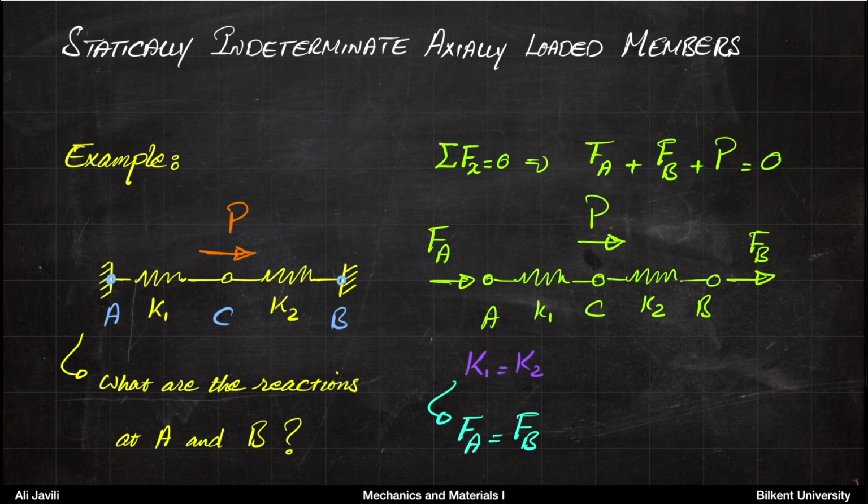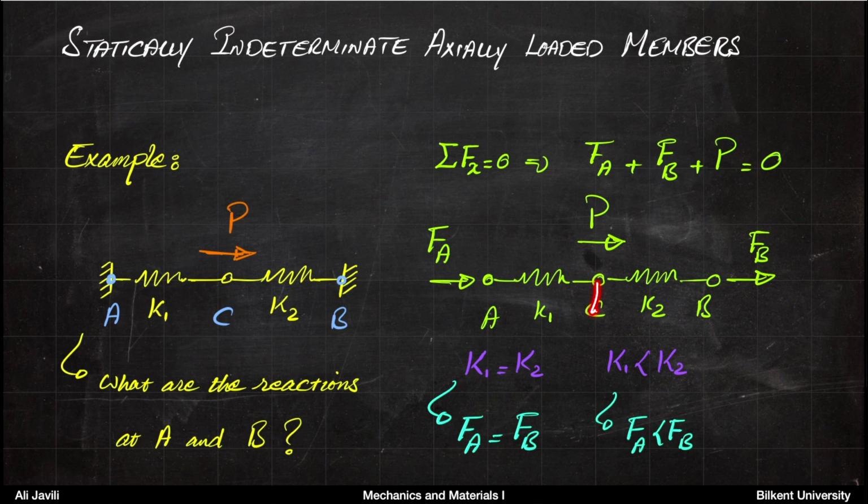Now I want to complicate this a little more. So let's think about the case where K1 is smaller than K2. Now imagine that point C changes its position by, for instance, delta C. And for simplicity, let's just assume that it's 2 centimeters.